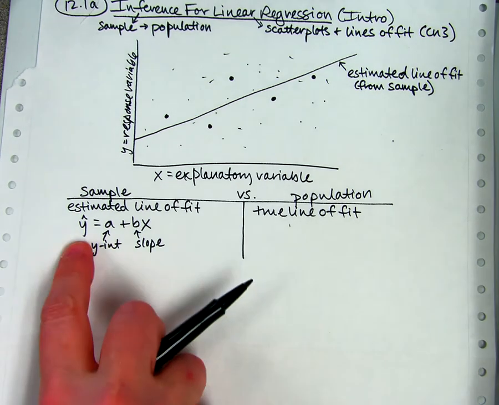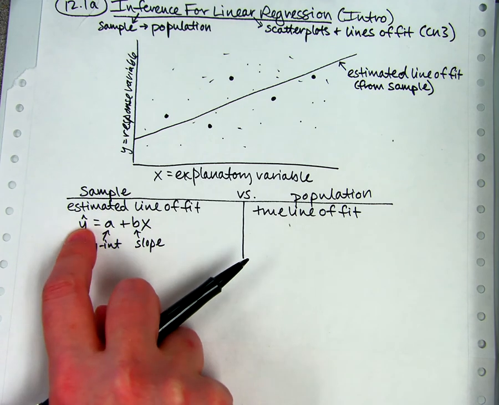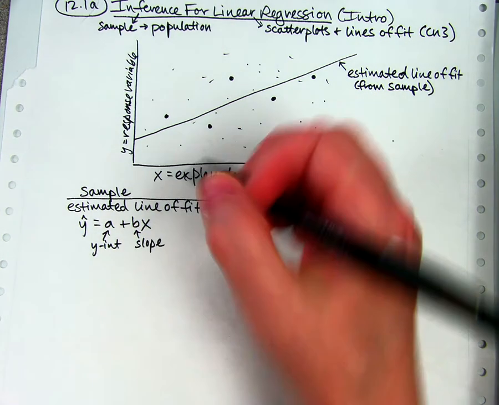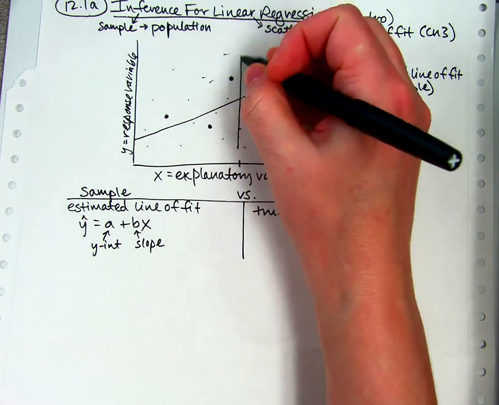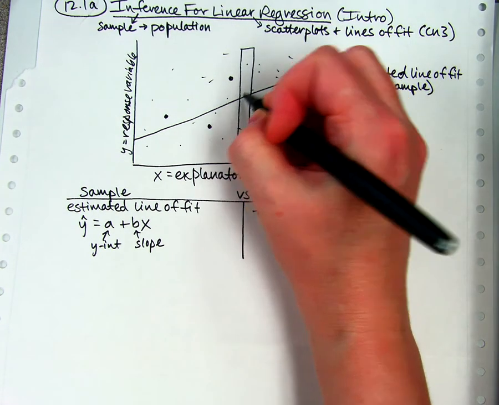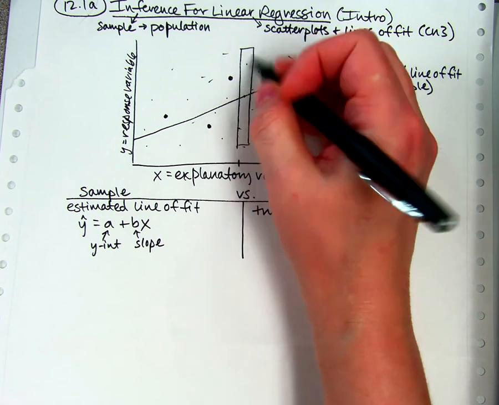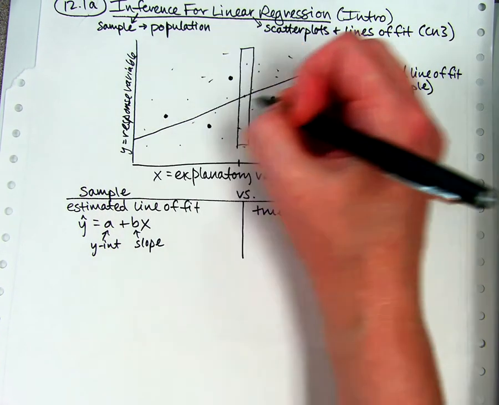And instead of y hat, we're going to think about this as the predicted y value for a given x. So if we pick a particular x value like this one right here, we're looking at all of these possible y values, and the predicted one is right here, but in the middle of all of this is the mean, which might or might not be the same as the prediction from this particular sample.